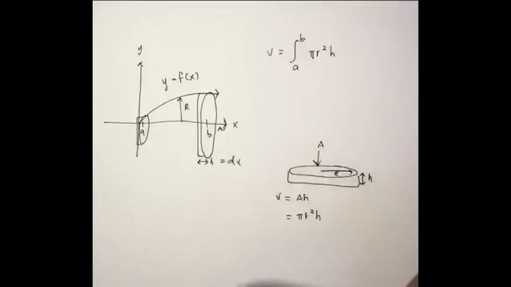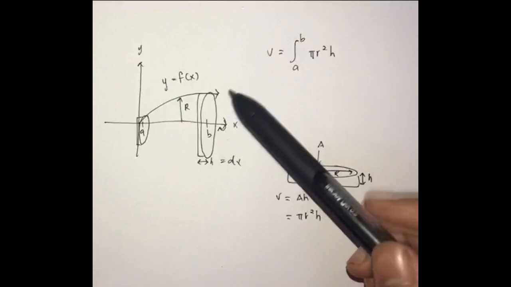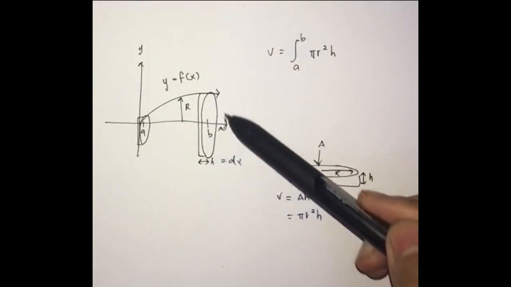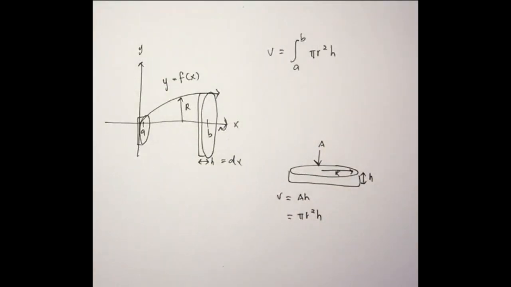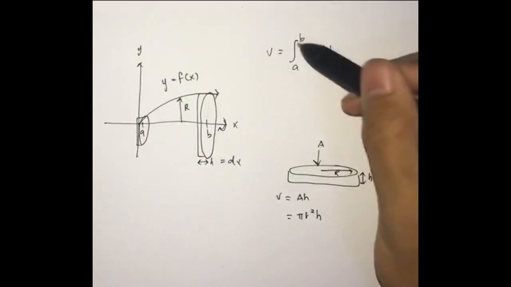Then you want to find the volume of the disk along the curve from point B to point A. So all you need to do is to integrate the surface area like this.